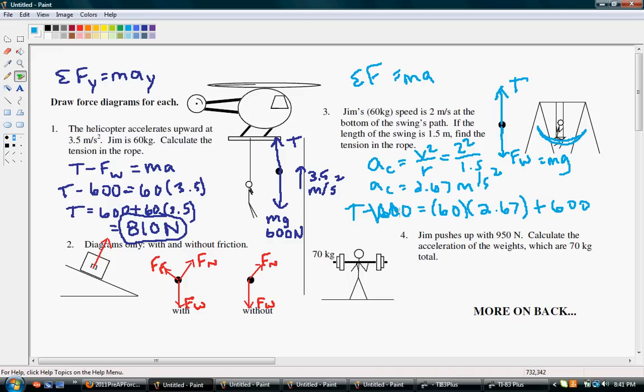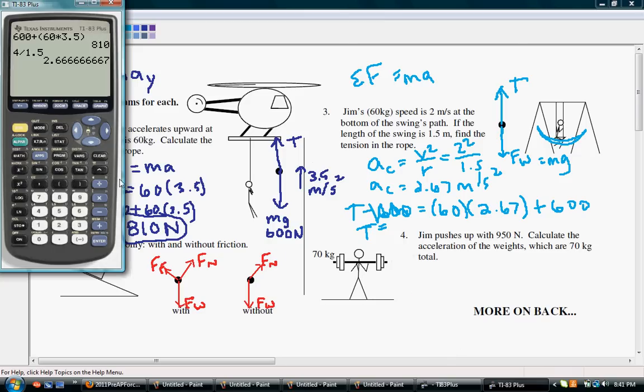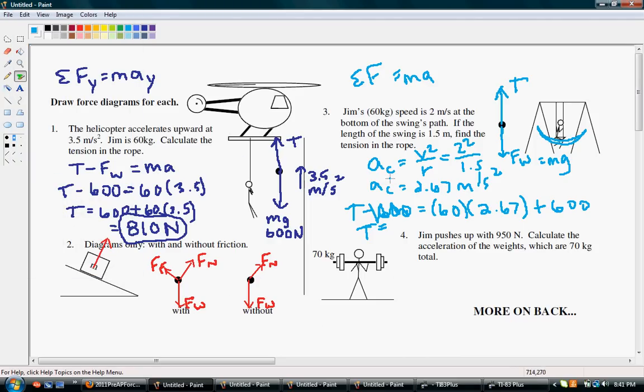On the left side, this would go away, so tension will equal 60 times 2.67 plus 600, 760 newtons.